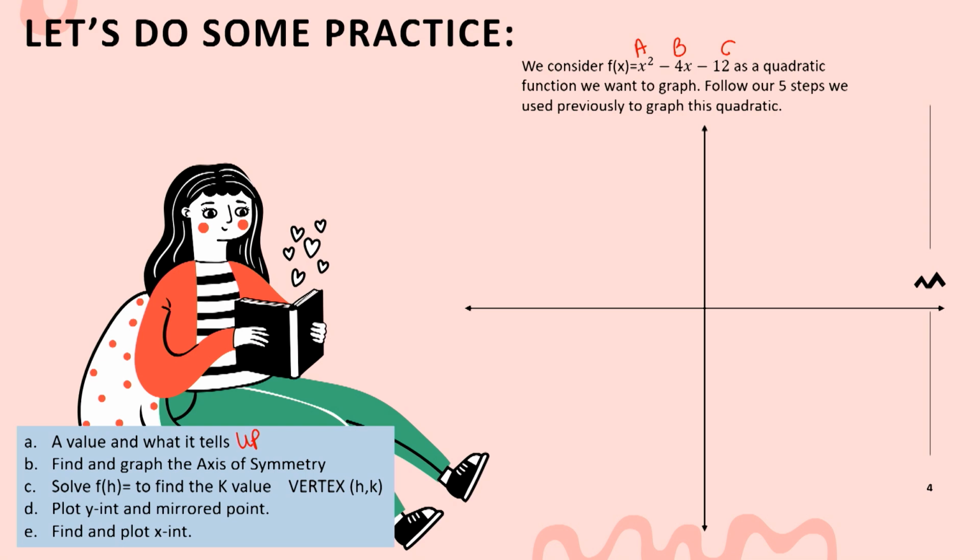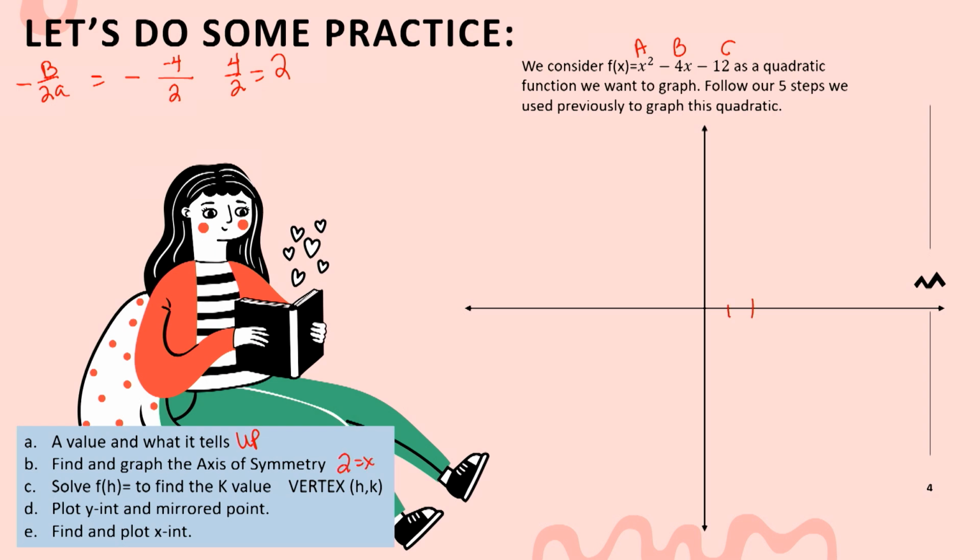So I am going to use that, and we have negative b over 2a. So I have negative negative 4 over 2. A negative of a negative is a positive. So I have positive 4 over 2, which is 2. So my x value is 2.